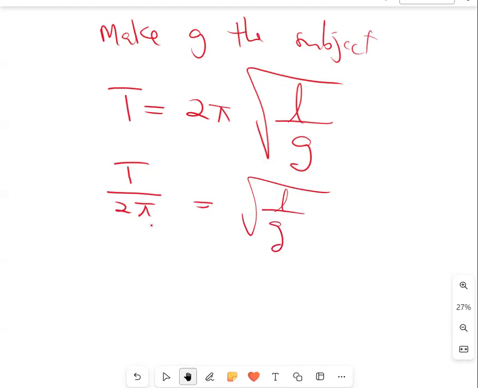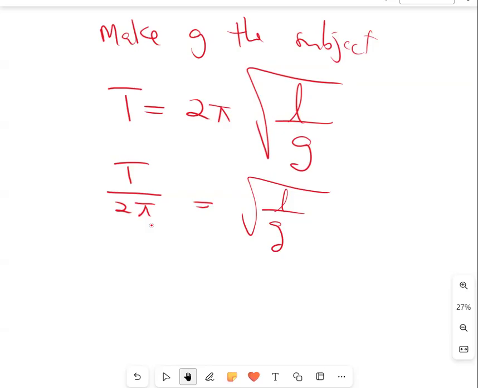Now, to get rid of a square, we square root it. To get rid of a square root, what do you think we should do? Any suggestion from you? Now we have a square root.